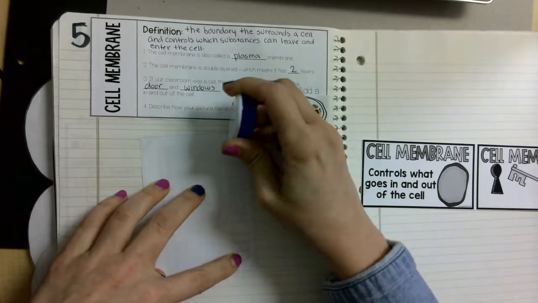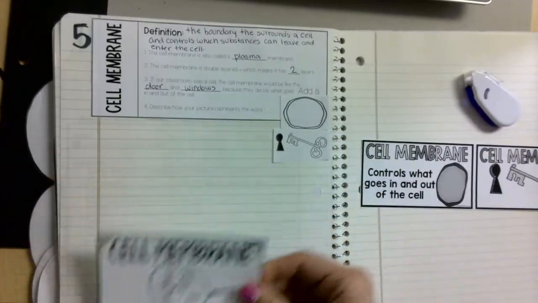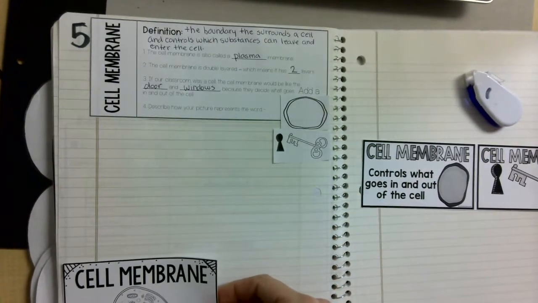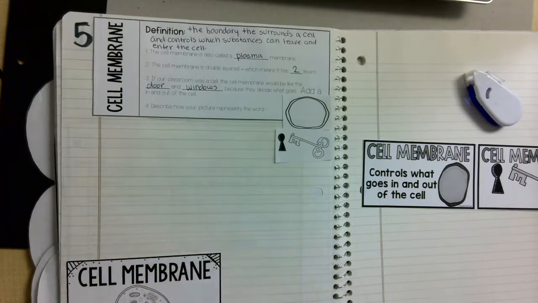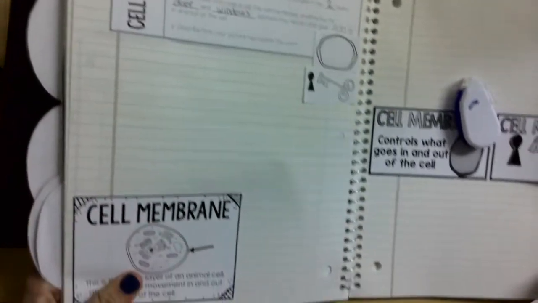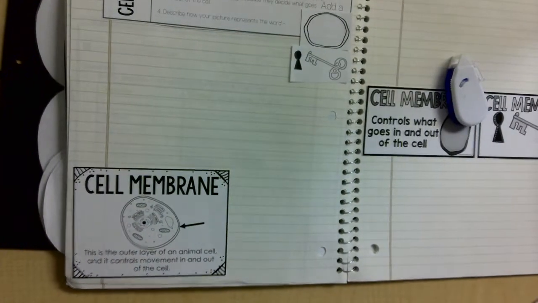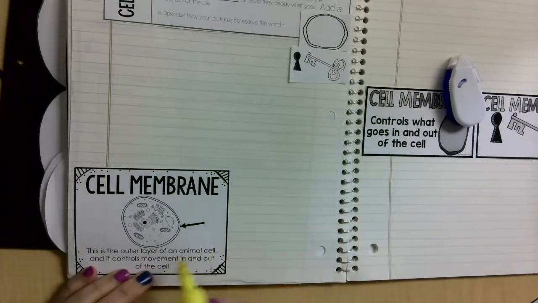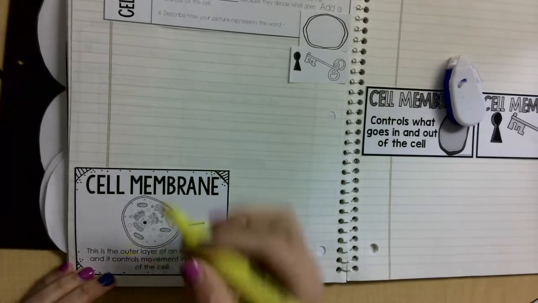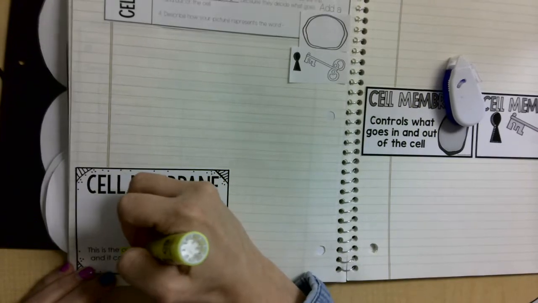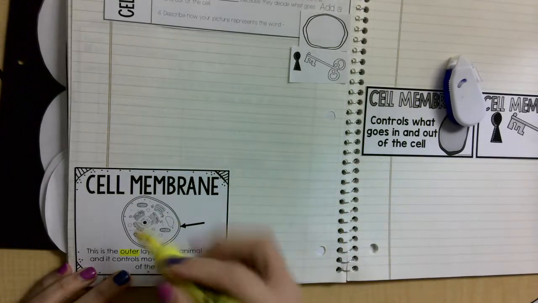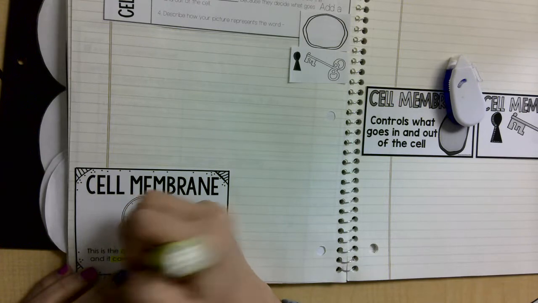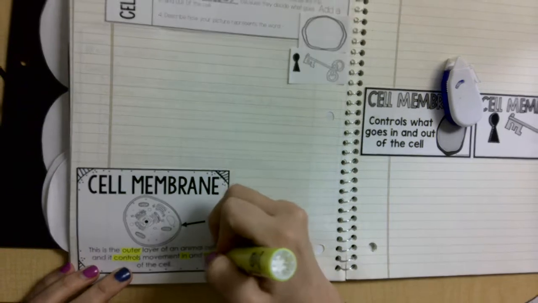You're going to glue that in down in the bottom left corner. And then we're going to highlight just a couple really key words on there. So the fact that it's the outer layer of an animal cell. Plants have them too. And we're going to say controls movement in and out of the cell.